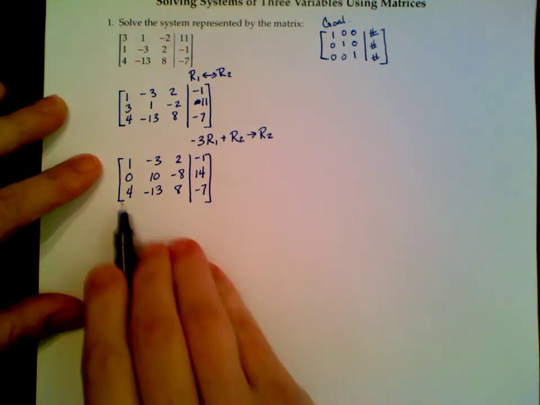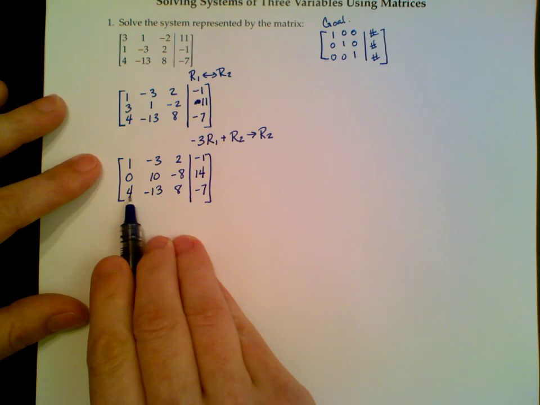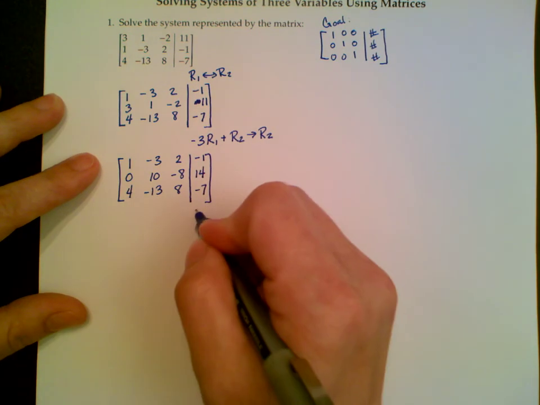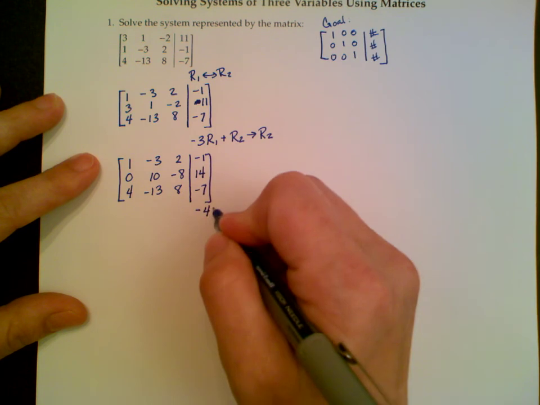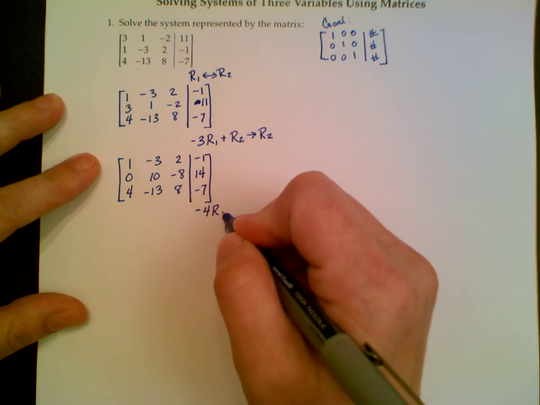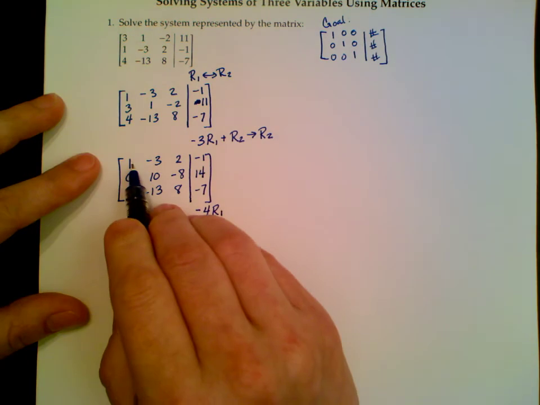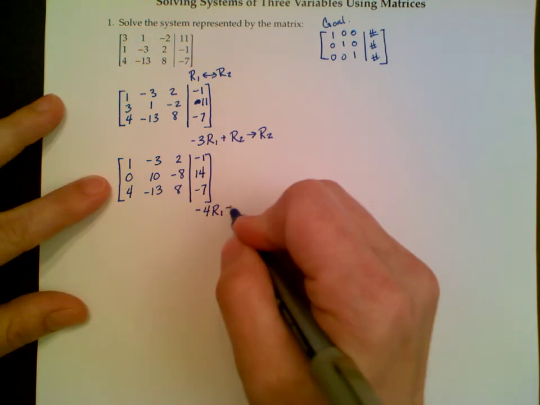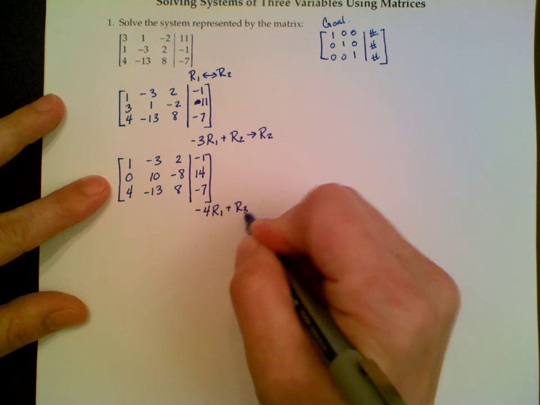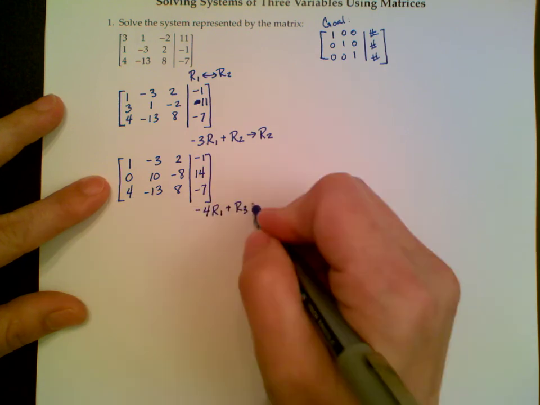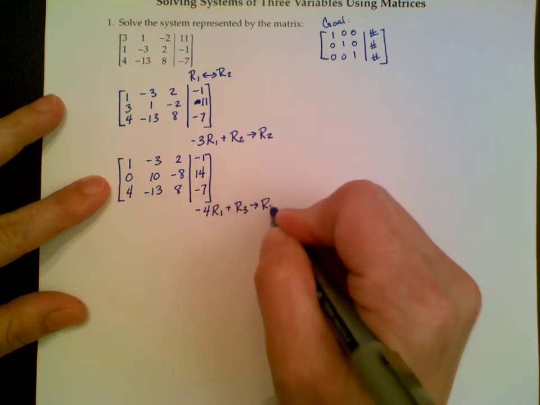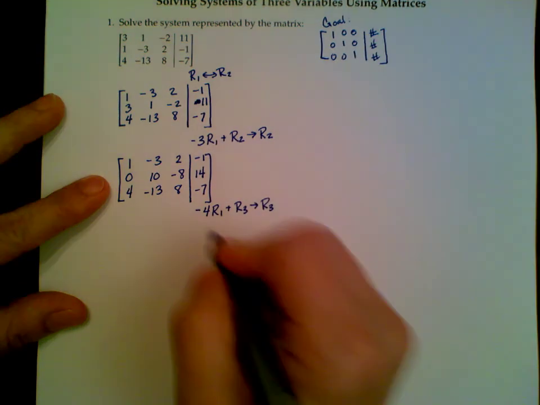All right, now I want to get this 4 to be a 0. So my next step will be negative 4 times row 1, because that's where the 1 is, plus row 3, because that's where the 4 is, and I'm storing that in row 3.